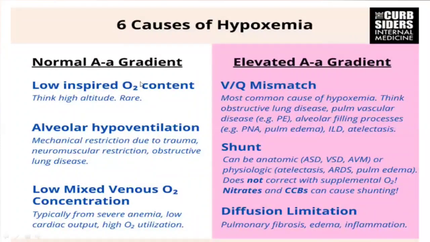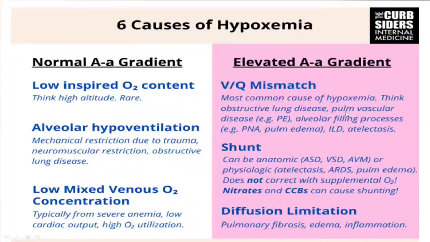If you have a normal AA gradient and still there is hypoxemia, you can go for causes like low inspired oxygen content, alveolar hypoventilation due to any reason, and low mixed venous oxygen concentration. And if your patient has a high AA gradient, more than 15 or more than 20 mmHg, it means the patient may have VQ mismatch, shunting or diffusion issues.